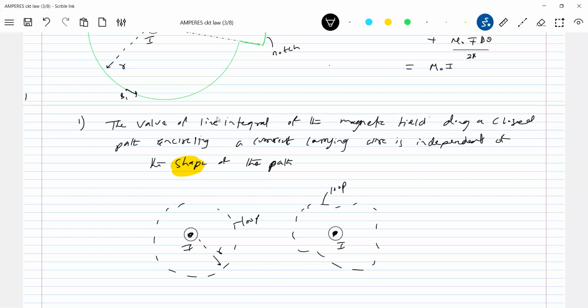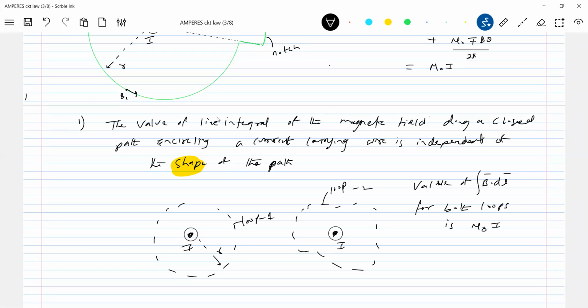Then what is the value of b bar dot dl for both loops? For both the loops, loop 1, loop 2, it is the same. Once again, I'm putting the value of b bar dot dl for both loops is mu naught I.